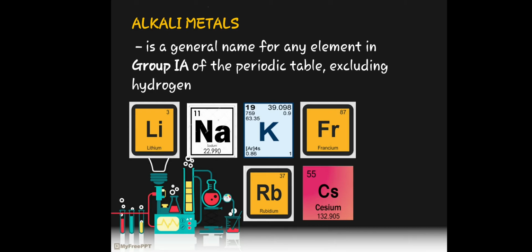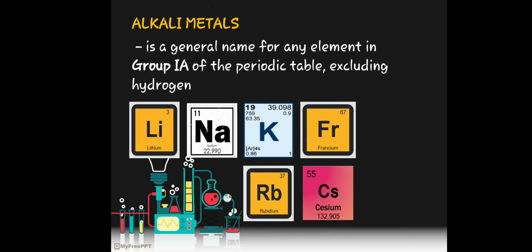Okay, take a look at this one. Alkali metals is the general name for any element in group 1A. You can see that in your periodic table. So group 1A signifies the alkali metals, the group 1A of the periodic table excluding hydrogen. Why? Because hydrogen is not a group 1A element.